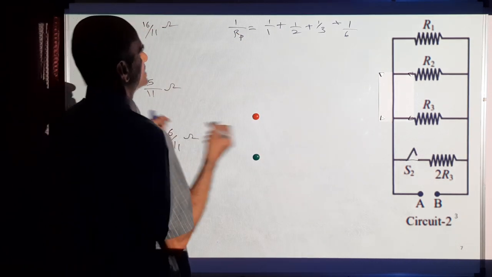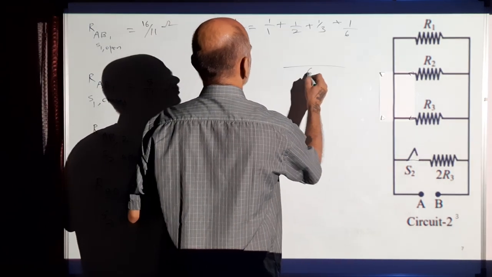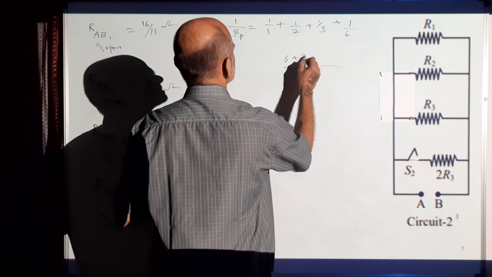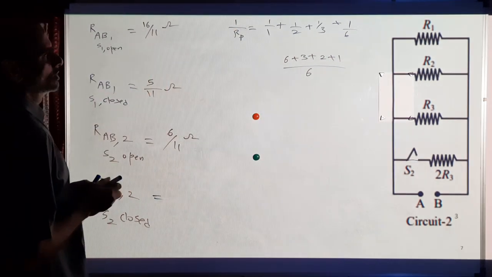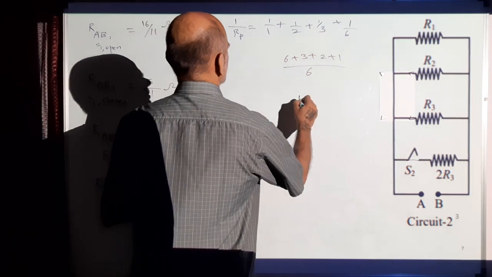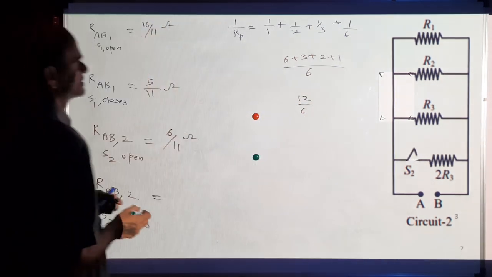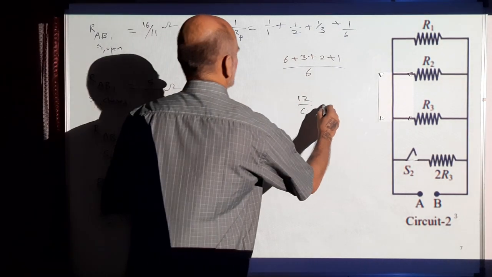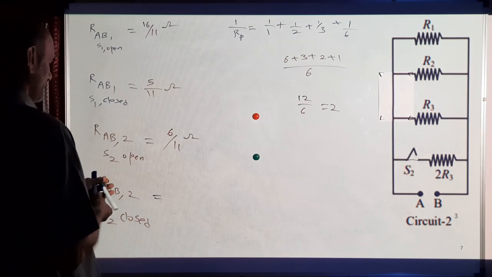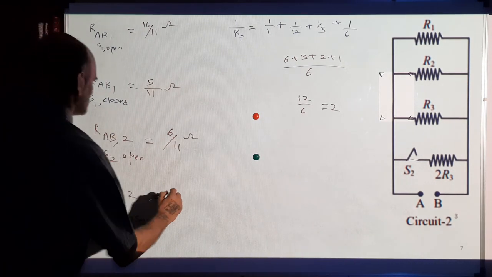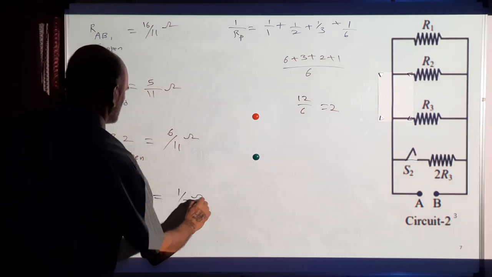So here again the LCM is 6. 6 plus 3 plus 2 plus 1, so this is 12 by 6, which is 2. So reciprocal is half ohms.